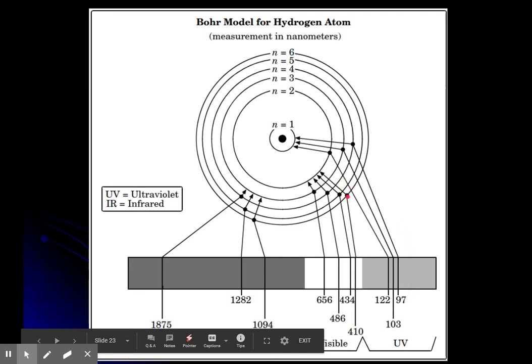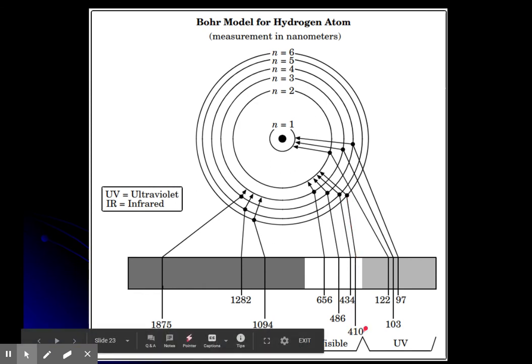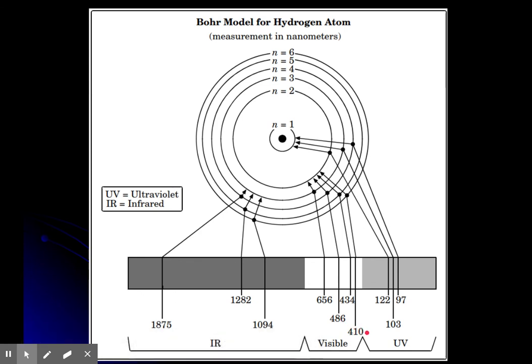Here in the visible spectrum, we have an electron that's been excited all the way up to n equals 6, the 6th energy level. When it drops back, it doesn't drop back to n equals 1, it drops back to n equals 2. That gives off a wavelength of light that corresponds to 410, that purple color we were looking at a few minutes ago.